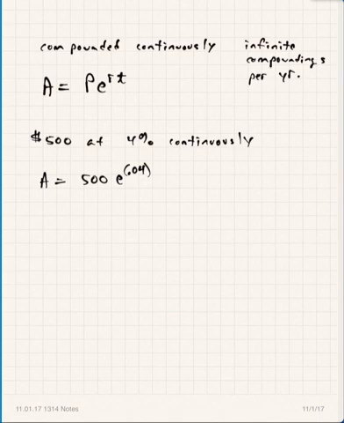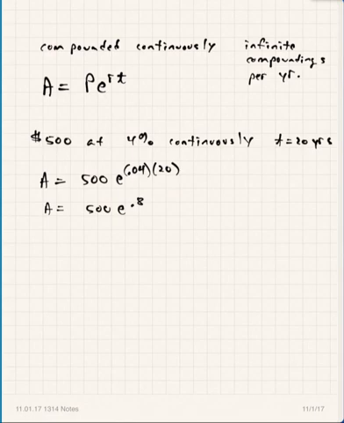And let's say that we still have T to be 20 years, just like we were doing before. So times 20 like that. So you might first take the 0.04 and multiply it by 20. And so you get A is equal to 500 e to the 0.8 power.